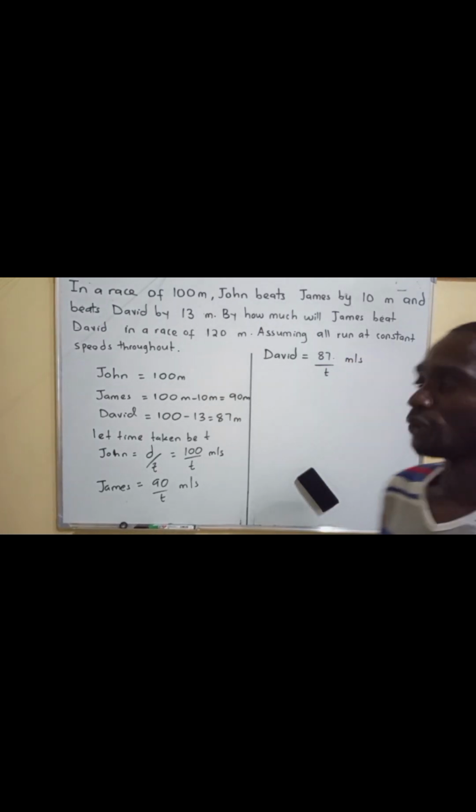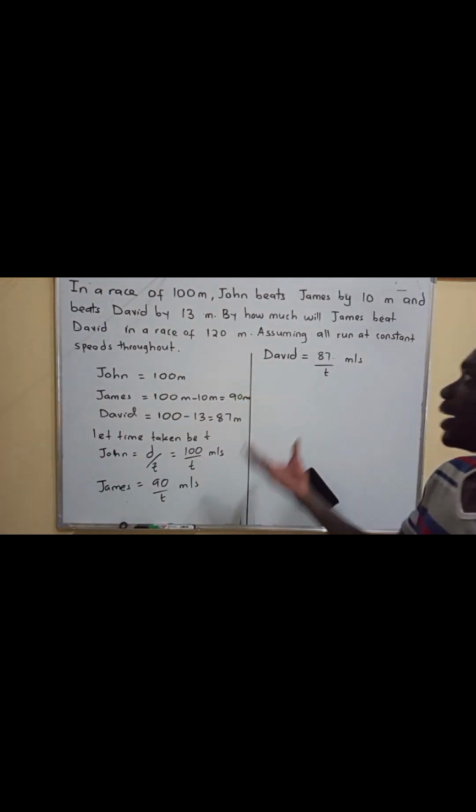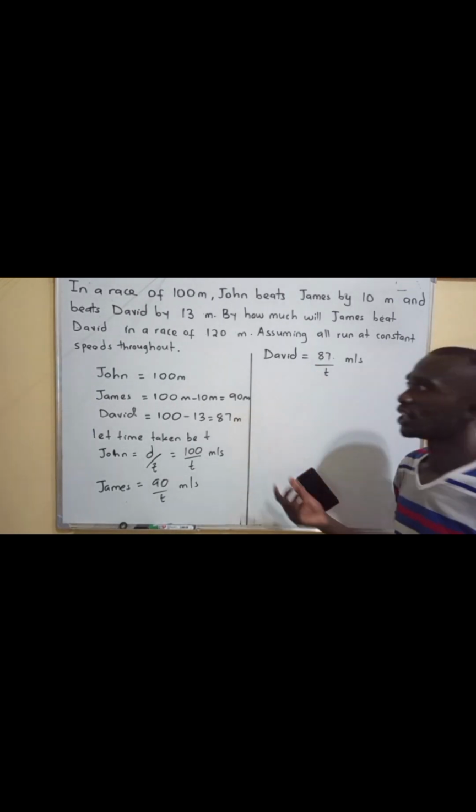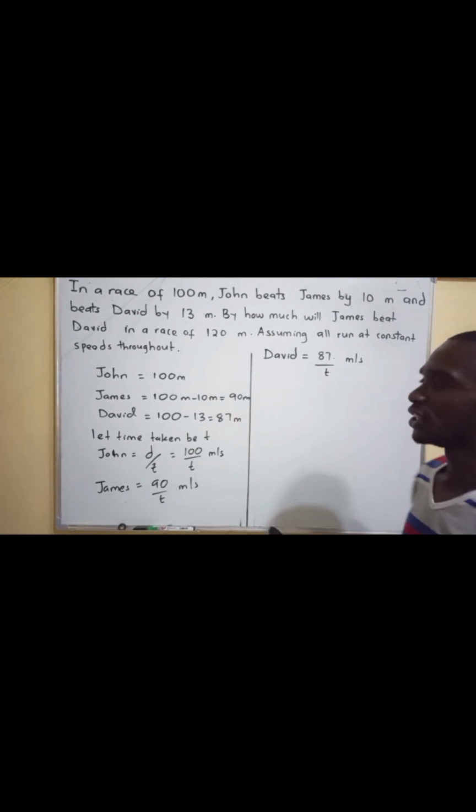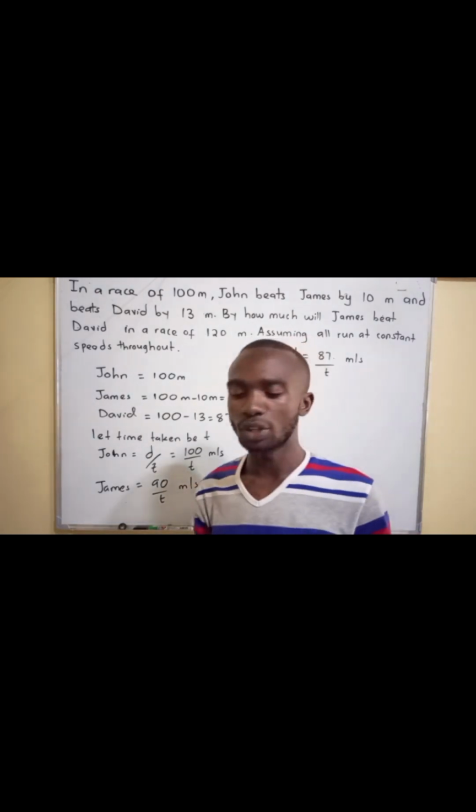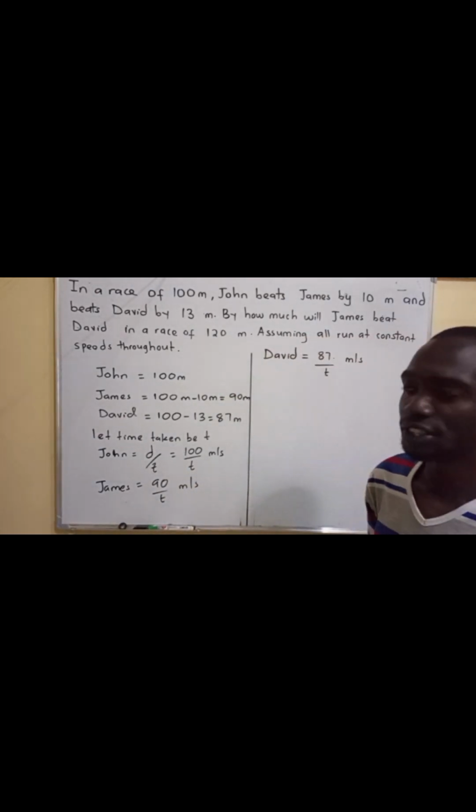Now let us continue the question. The question asks us, by how much will James beat David in a race of 120 meters? So we want to concentrate on two individuals only, that is James and David.